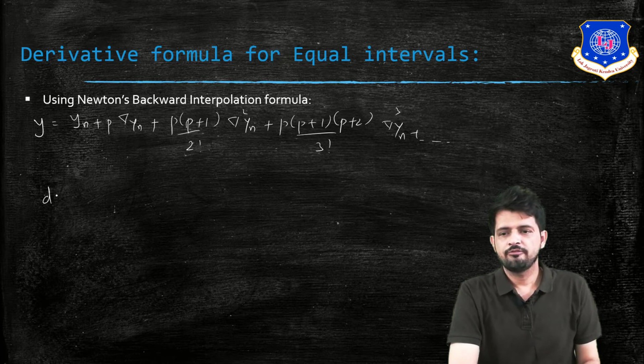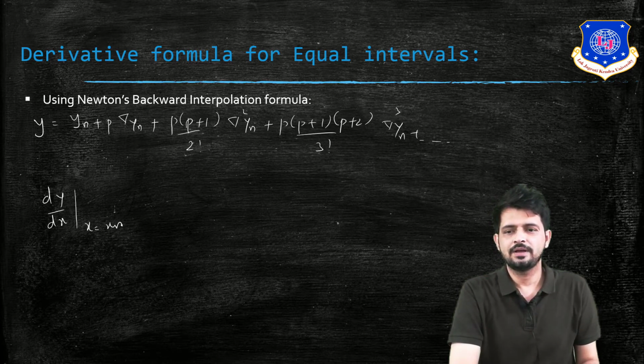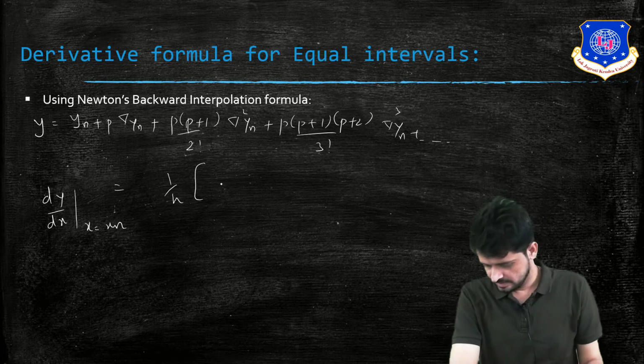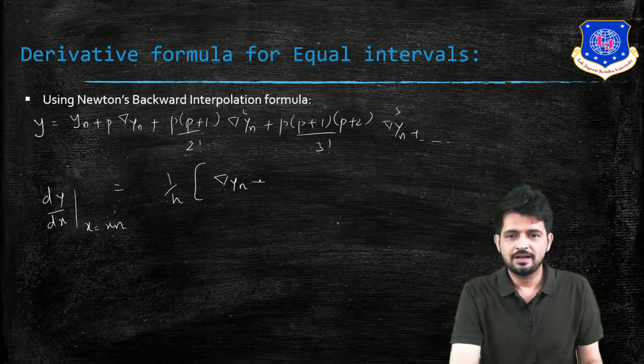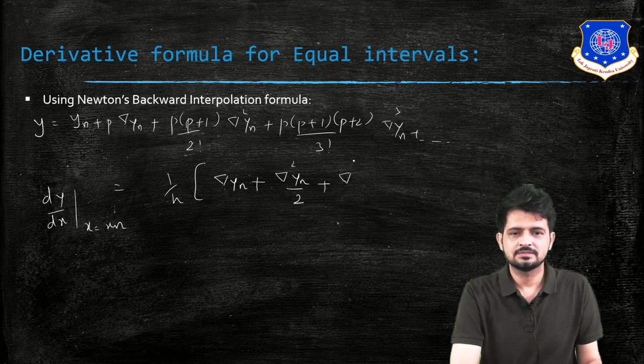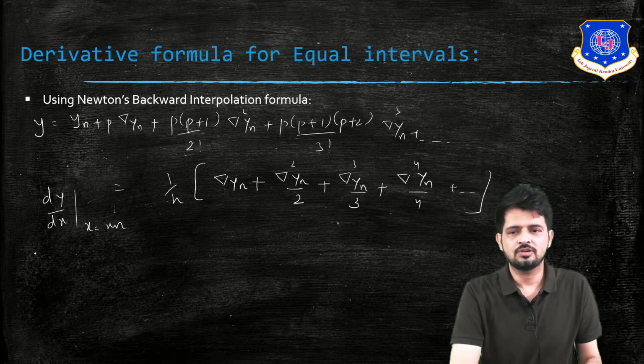Okay. If you find dy by dx at x is equal to xn, then you can write like this: 1 upon h, nabla yn plus nabla square yn by 2 plus nabla cube yn by 3 plus nabla raised to 4 yn by 4 and so on.